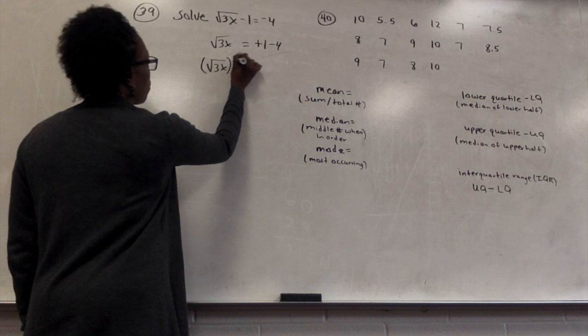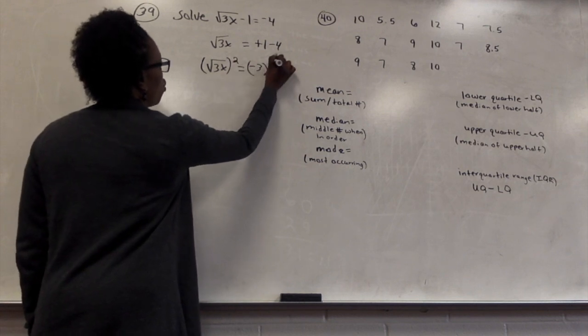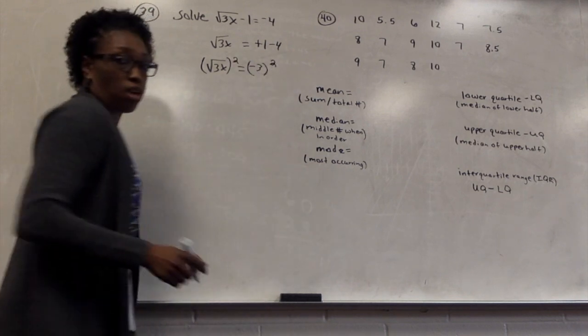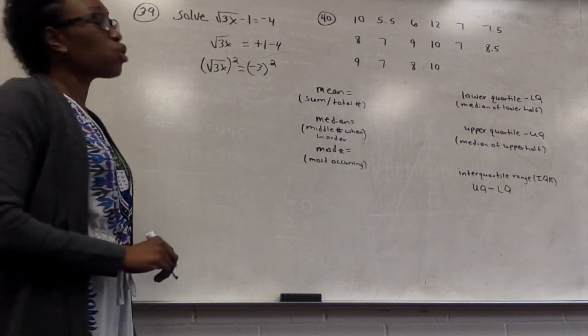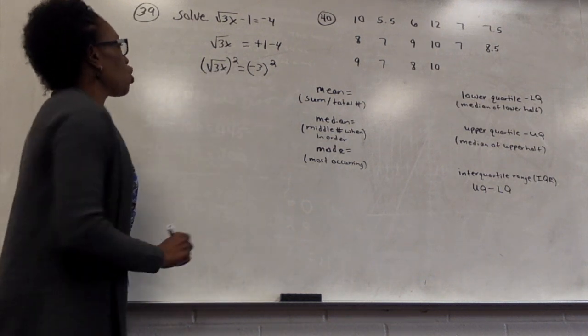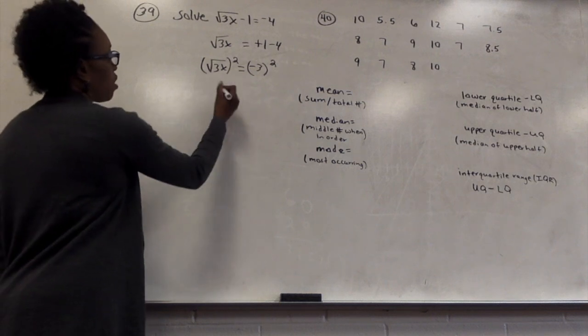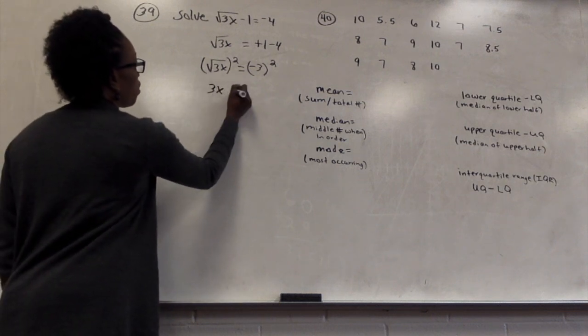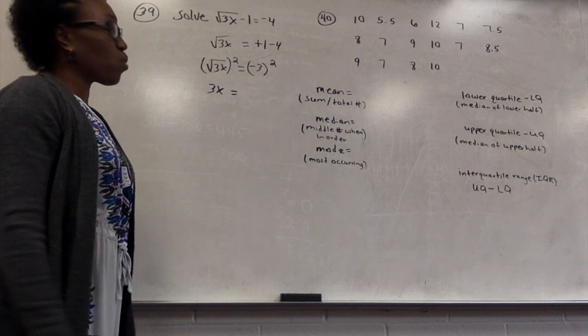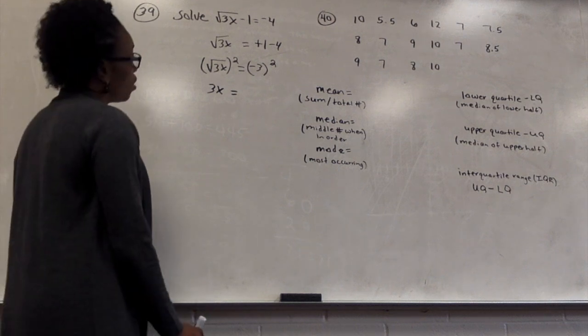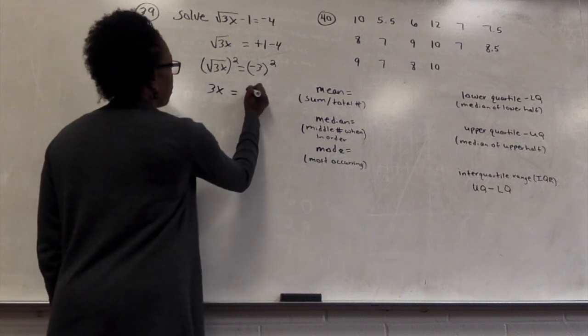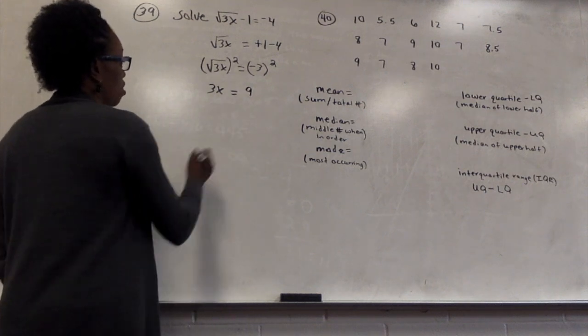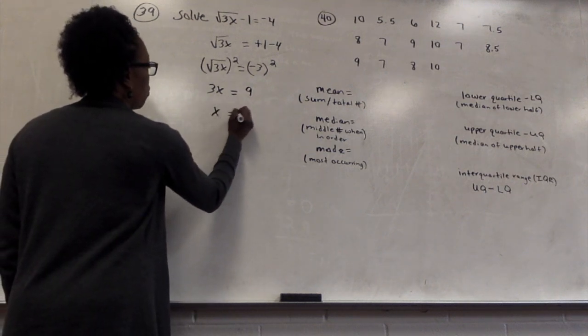So I'm going to use parentheses. And you want to make sure you use parentheses when there is a negative number, because that means that negative is included with that number. So when I square the square root, the 3x comes from underneath the radical. And when I square -3, -3 times -3 is a +9. Now when I solve here, I know that x is equal to 3.